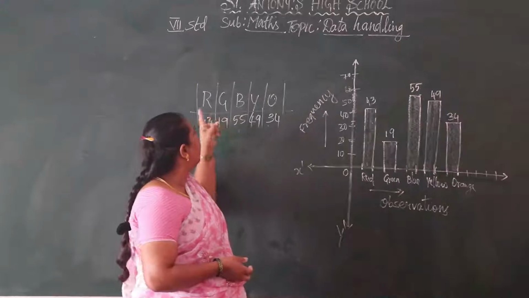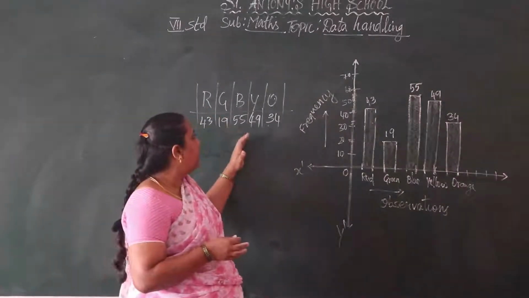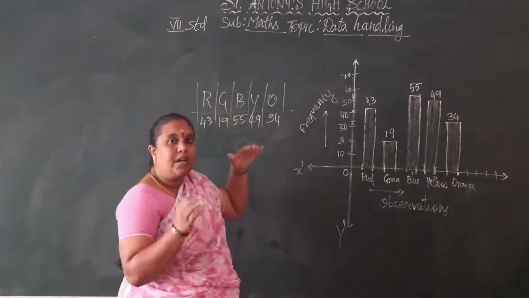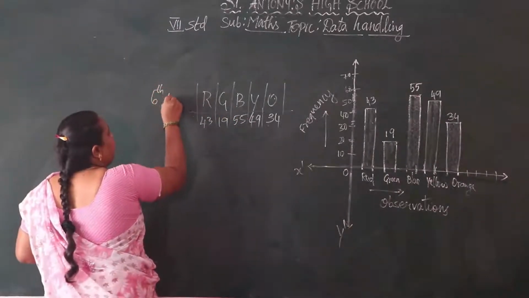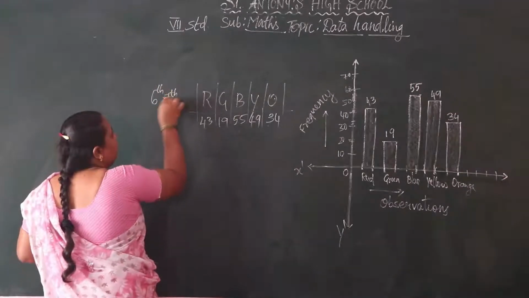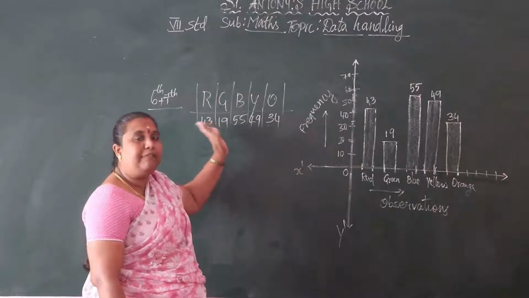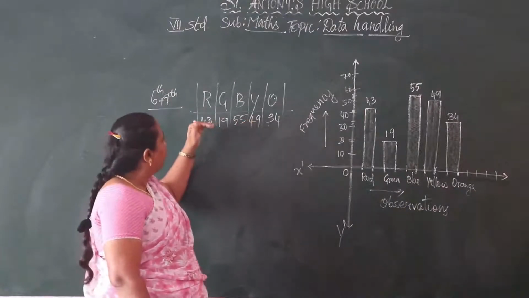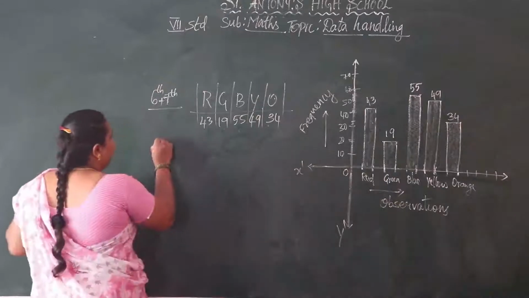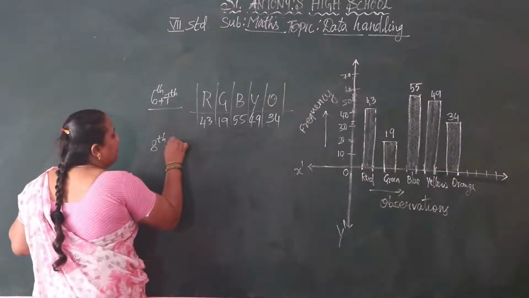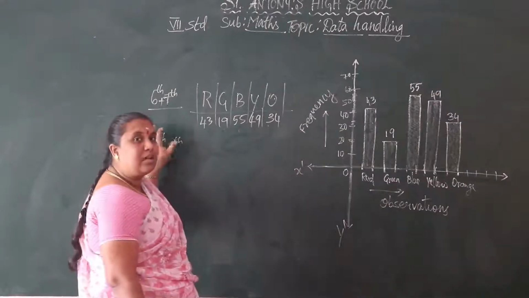I'm giving you one example: here we have 6th and 7th students choosing their favorite colors, and we also take 8th and 9th students.